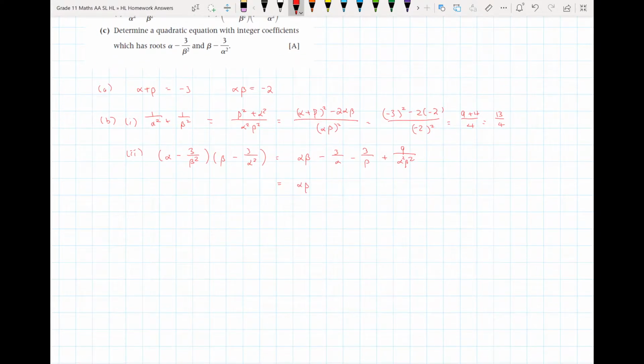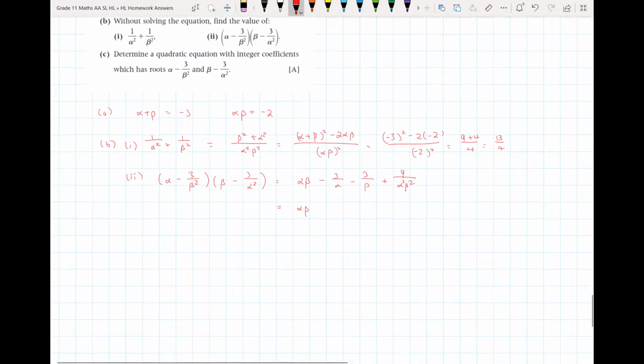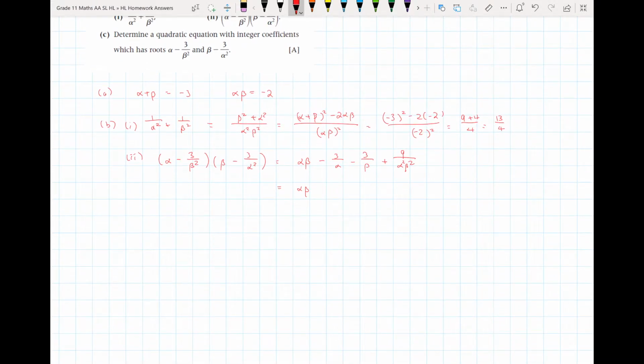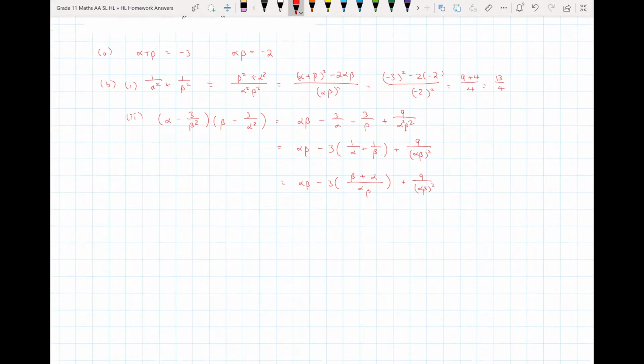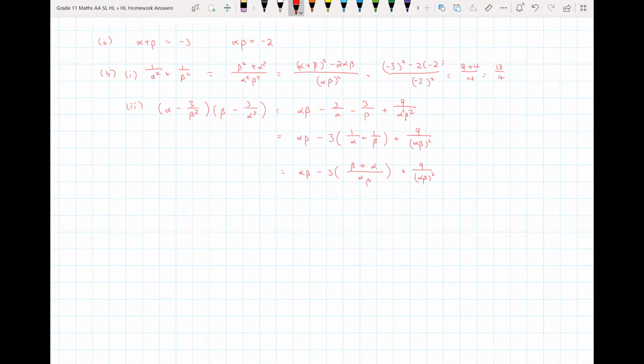So let's just rearrange it a little bit. So what I'm going to do is I'm going to take away a minus 3, and the last term I'm going to group as alpha beta square on the bottom. And let's just tidy up this part here. This is beta plus alpha over alpha beta. Now, beta plus alpha is just really alpha plus beta, so I'm not going to rewrite that.